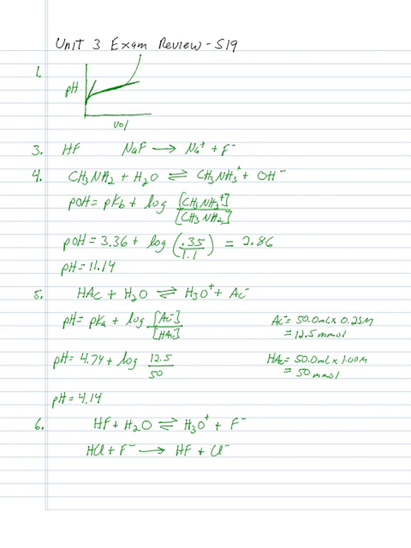Okay, so for number one, it says when a weak acid is titrated with a strong base, the pH initially does what? If we look at the titration curve with volume down here and pH here, since we're titrating a weak acid with a strong base, it's going to have a fairly low pH when we start.